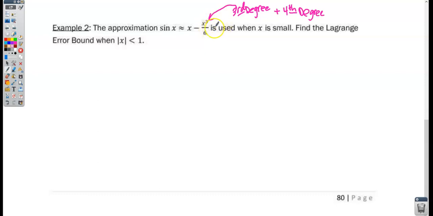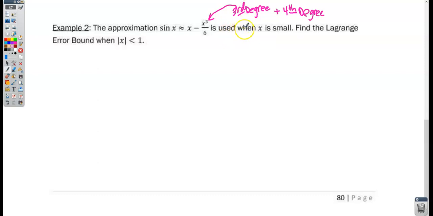Because the x to the fourth term is 0x to the fourth, the next term that shows up in this polynomial would be x to the fifth. So this is both considered the third degree and the fourth degree polynomial. Now, something you need to realize in this context is that the fourth degree Lagrange error bound is going to be smaller than the third degree Lagrange error bound.